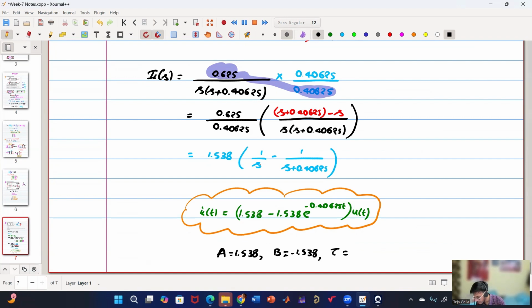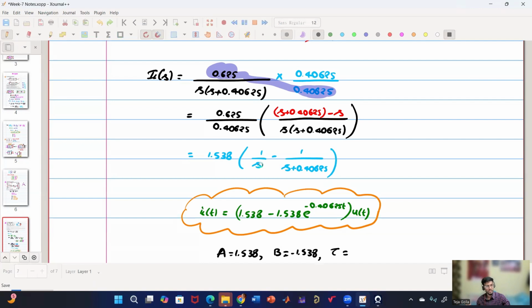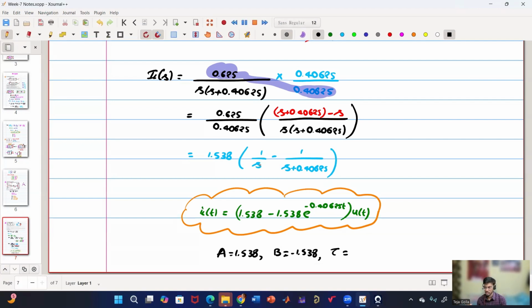Can you calculate and tell me? It is 2.46. Time constant is always positive, 2.46.